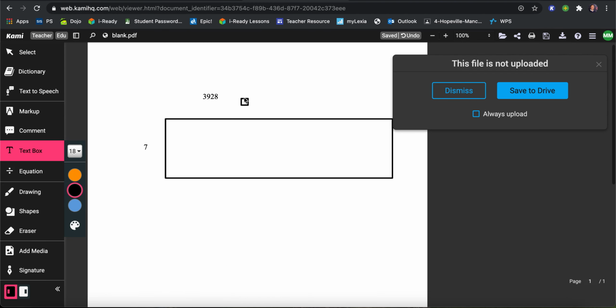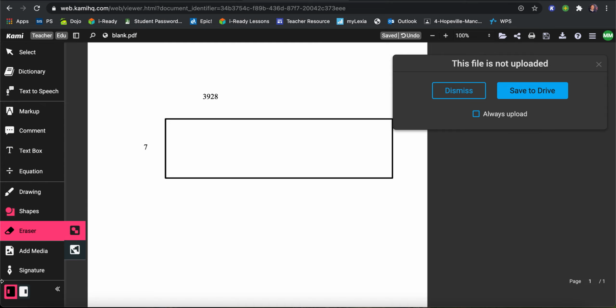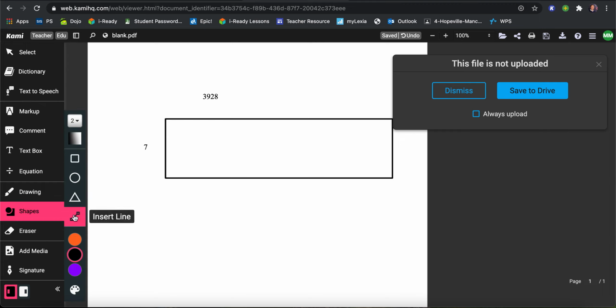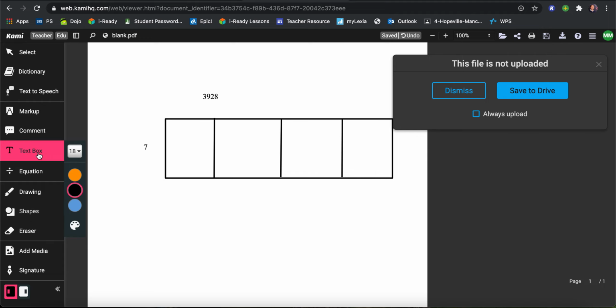Remember, since we have a 4-digit number at the top, we want to make 4 equal boxes down below. So I'm going to break up my square into 4 equal boxes, best you can. And then we're going to break up this 4-digit number into its place value spots.